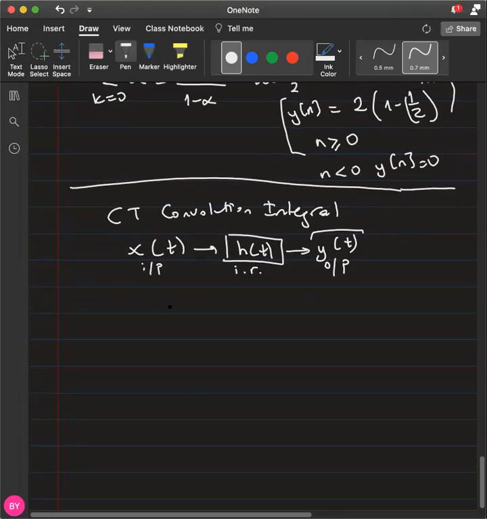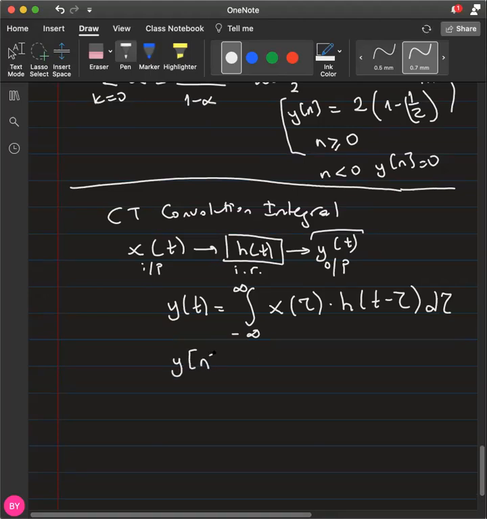So if we talk about the integral here, it will be very similar to the previous integral. Now I will have, from minus infinity to plus infinity, x of tau times h of t minus tau d tau. If you remember, the discrete time case was like this.